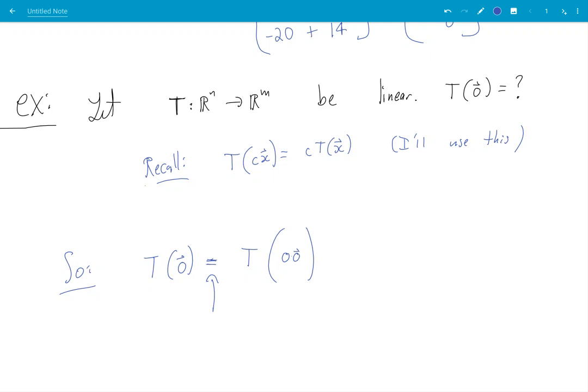With this equal sign here, I'm just trying to say if I take 0 times the 0 vector, here I have the number 0, the real number 0. And here I have a 0 vector, some vector where all the entries are 0.